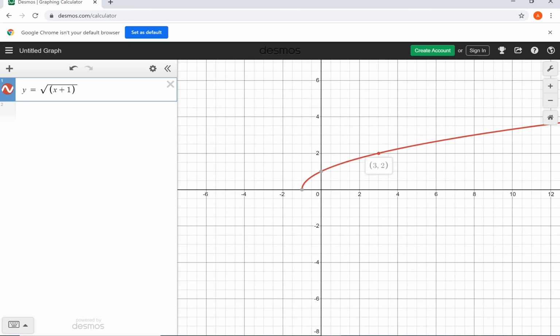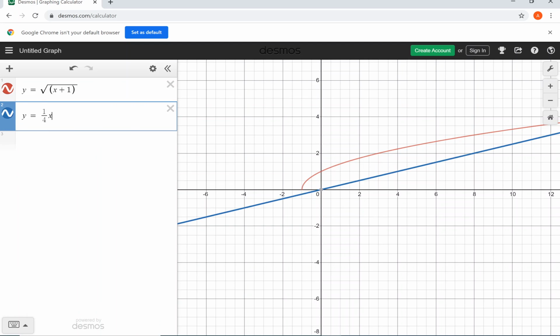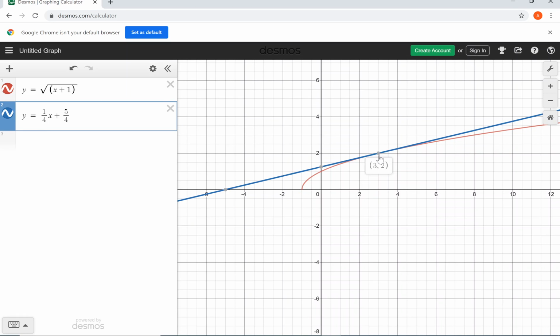So I am wanting to find the tangent line here at 3, 2. And when I plug in the tangent equation that I found, 1/4 x plus 5/4, check it out. At the point 3, 2, these two lines intersect each other, and my tangent line just brushes up against our red function at that point 3, 2. Pretty cool, huh?